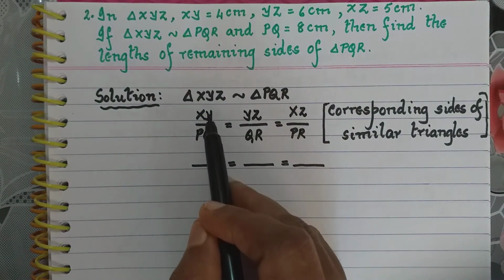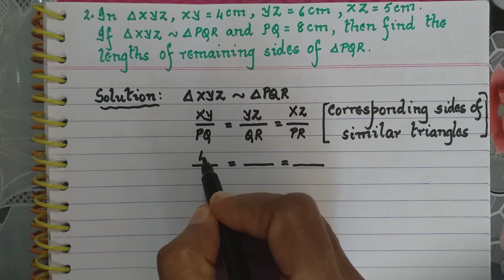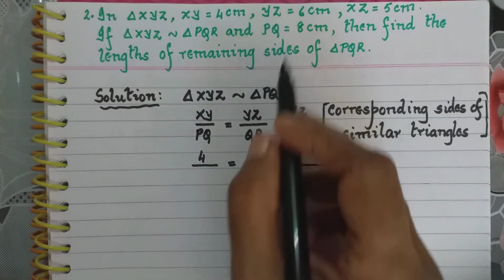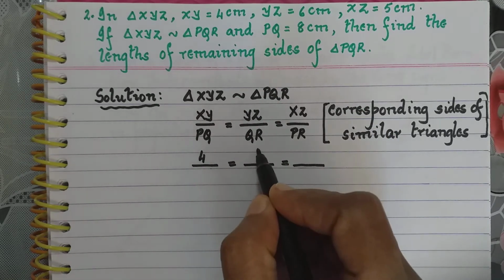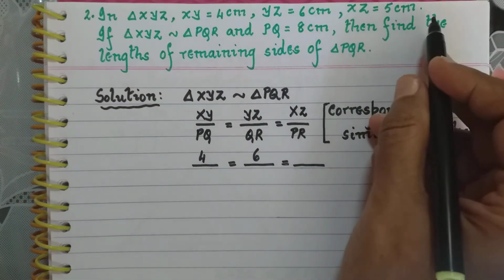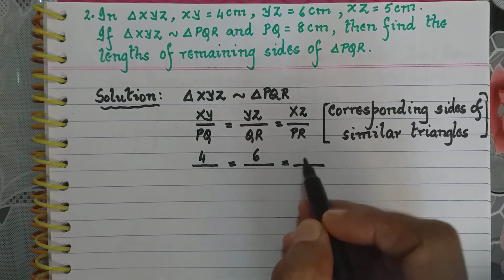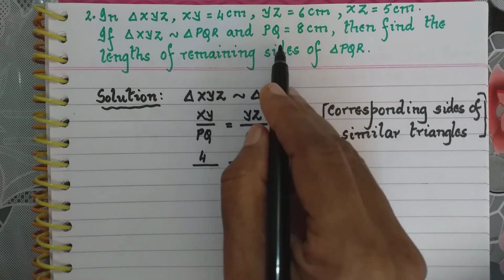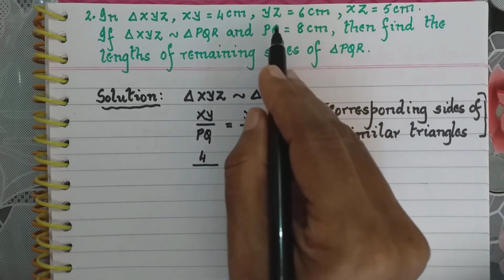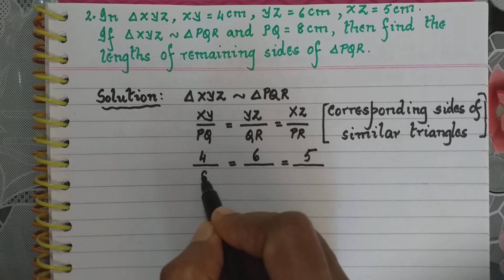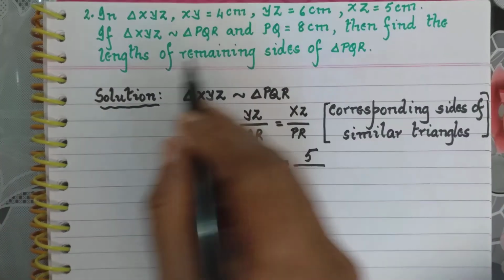XY is 4, so in place of XY I write 4. Next they have said YZ is 6, so in place of YZ I write 6. Also they have said XZ is 5, so in place of XZ I write 5. What else have they given? PQ is 8 centimeters, so I write here 8.